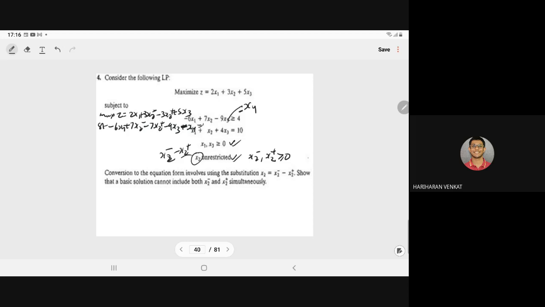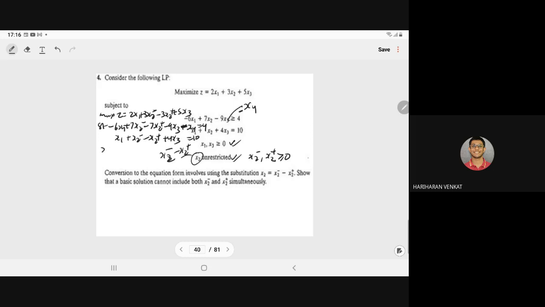minus x4 is equal to 4, and x1 plus x2 minus x2 plus plus 4x3, already in equation form, no need of slack or surplus, is equal to 10.